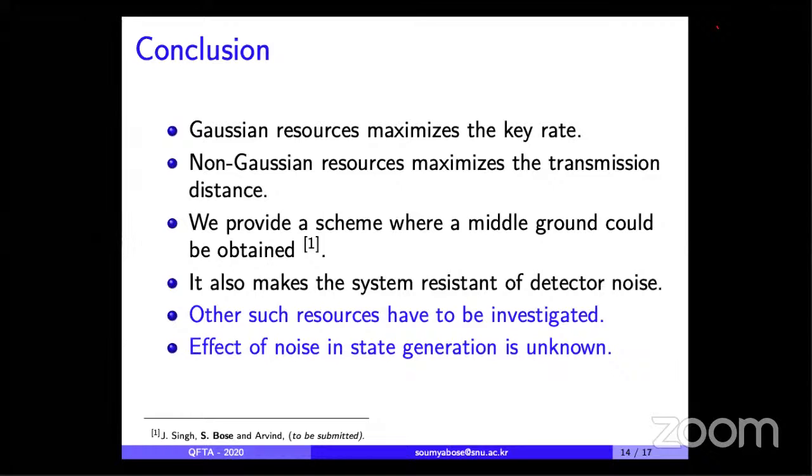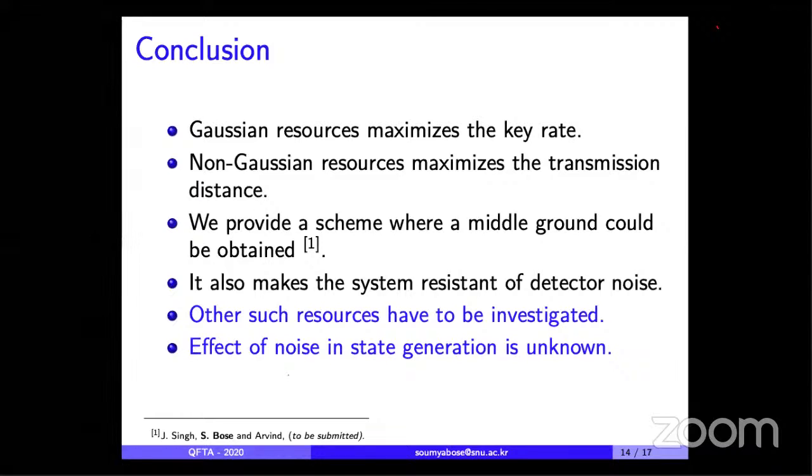Another point is that so far we have started with a very fixed state, the two mode squeeze coherent state. There have been studies that talked about the noise involved in the state, like it getting thermalized or anything, but no definite answer about what the effect of the noise in the state generation is.